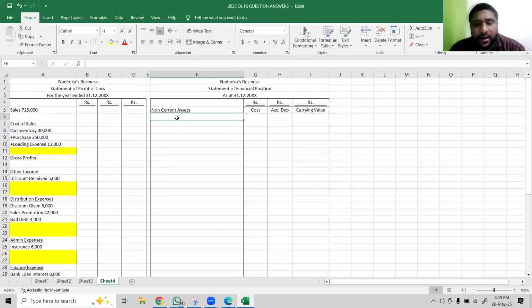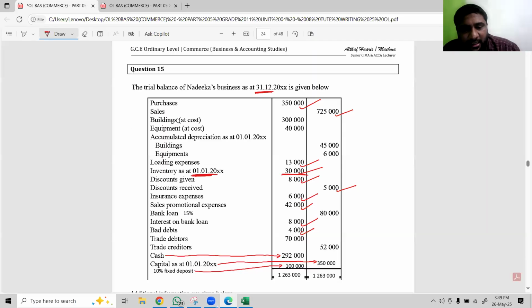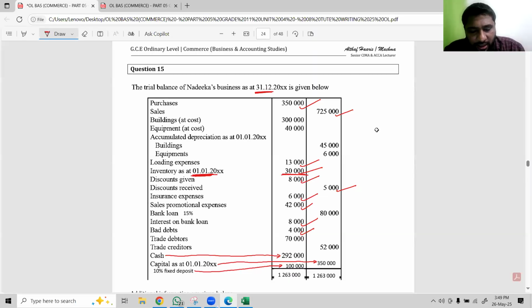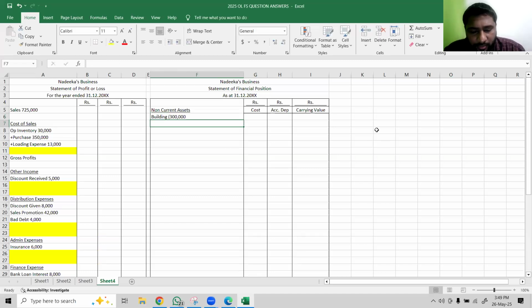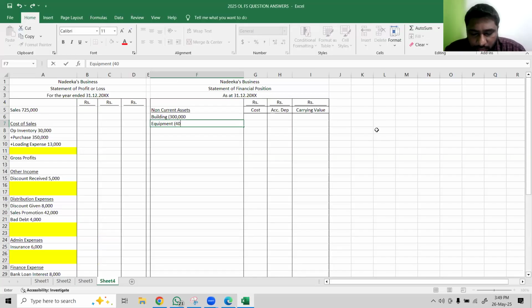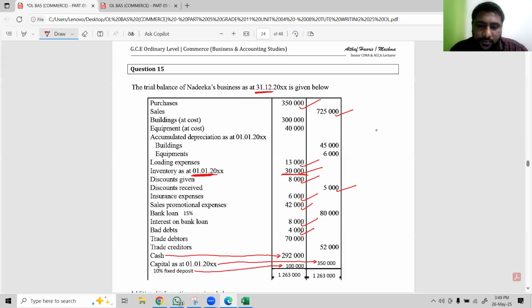Now we'll move to the non-current assets. What are the non-current assets that we have? Building and equipment. Building cost is 300,000. Equipment cost is 40,000. They have given the depreciation for the starting date, which means this year's depreciation is not yet done.